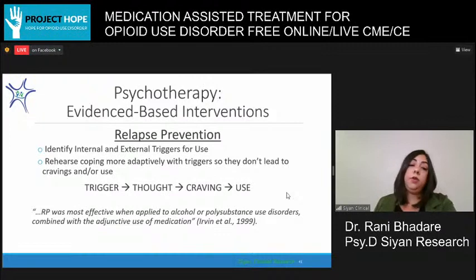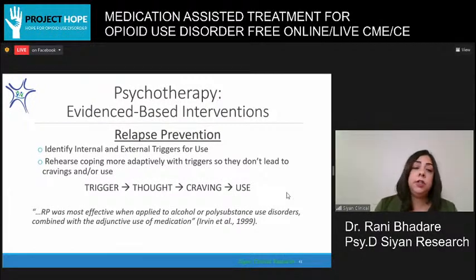Now, another component, psychotherapeutic intervention, is relapse prevention. I touched upon this earlier in substance use disorder counseling, but I want to unpack this a little more. What it entails is identifying internal and external triggers for use. So let me speak to that a little more.